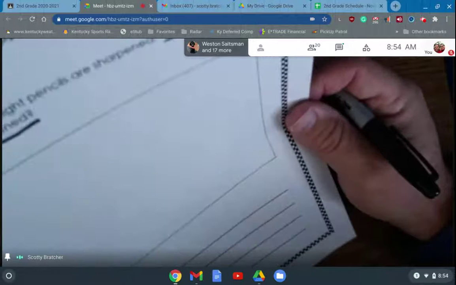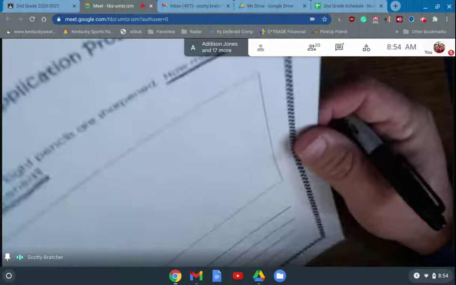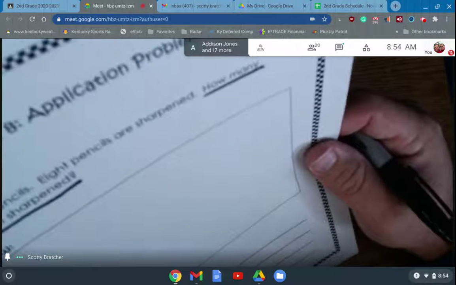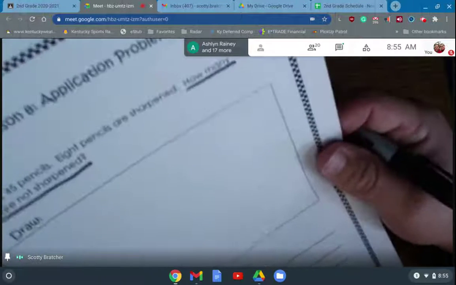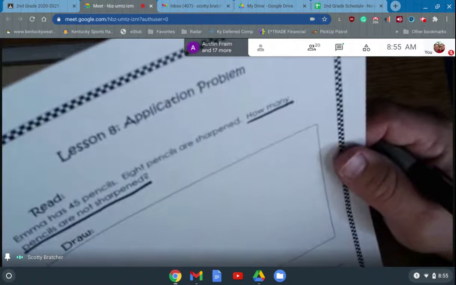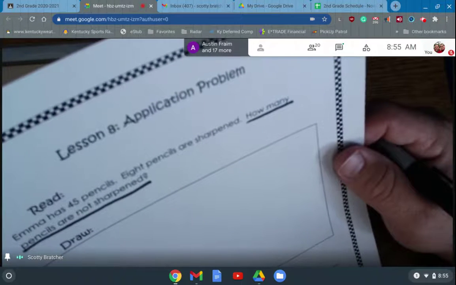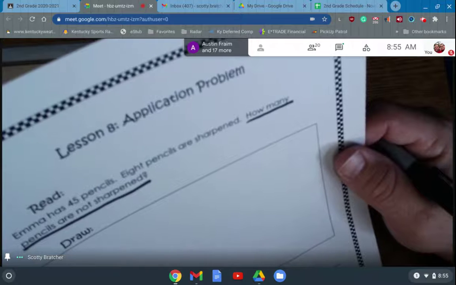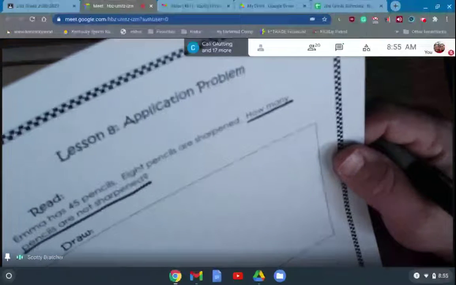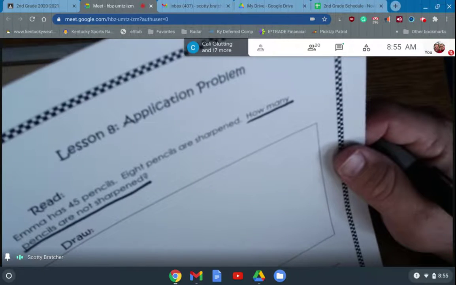All right. So I'm going to read the question 3 times. And at the end of 3 times, I want somebody to tell me how to restate it. And we always go to Callie for that. I want to ask somebody else. Okay. So everybody listen. How many pencils are not sharpened? How many pencils are not sharpened? How many pencils are not sharpened?